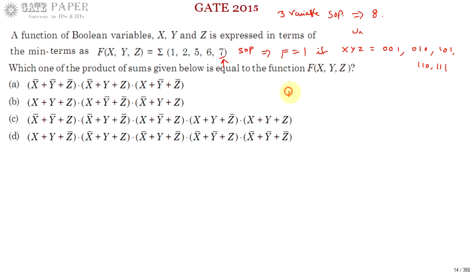Otherwise f is equal to 0 if xyz is 0, 0, 0, 0, 1, 1 and 1, 0, 0. For these 3 combinations f is equal to 0. For the given 5 combinations f is equal to 1.